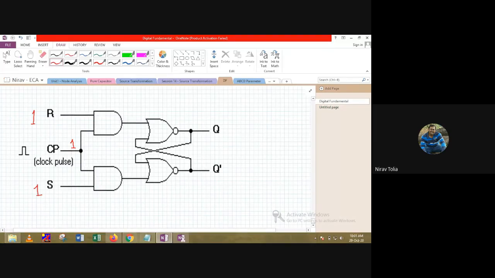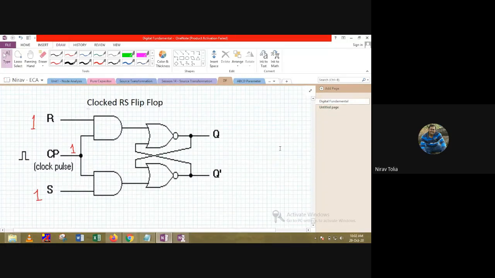So this is the figure of what is known as the clock RS flip-flop.